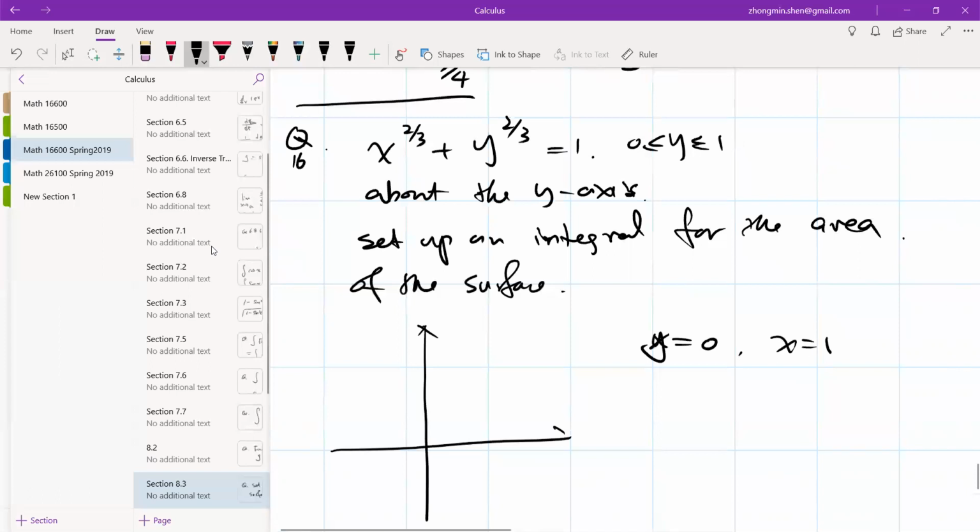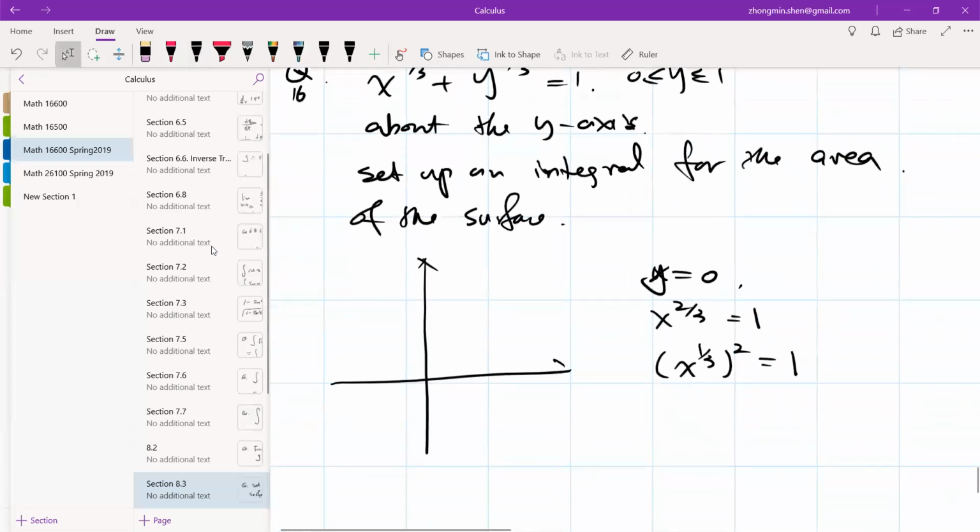When y equals 0, x is plus or minus 1, because x to the 2/3 equals 1. By definition, this is x to the 1/3 squared equals 1. This is a review of algebra. So x to the 1/3 is plus or minus 1, and x is going to be plus or minus 1.